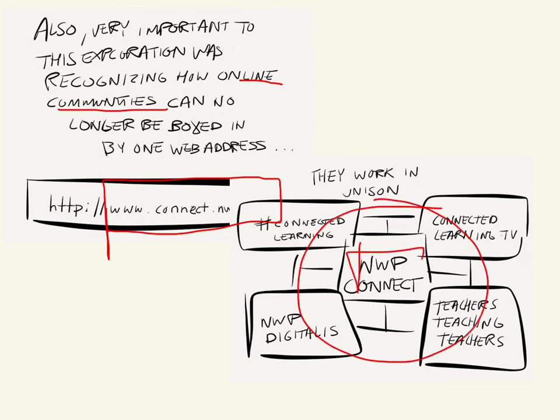So if NWP Connect is in the middle, it sends you to Connected Learning, it sends you to Twitter, NWP, Teachers Teaching Teachers, as well as other in-between spaces that may not get talked about here. But all these things work together to create an online community rather than just one website as some might think of it.